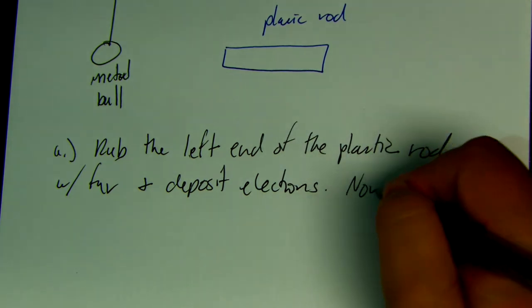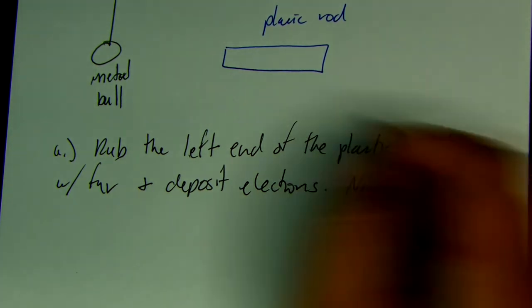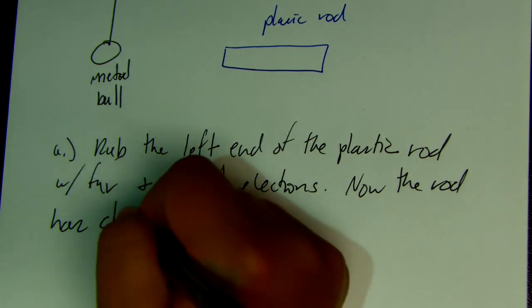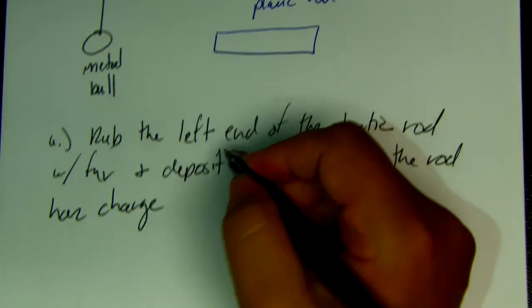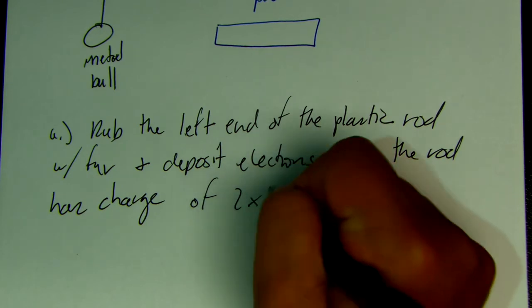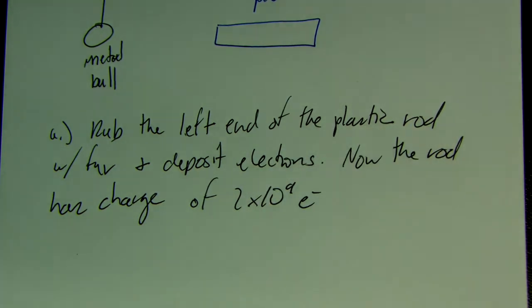So now the rod has a charge of 2 times 10 to the 9 electrons.